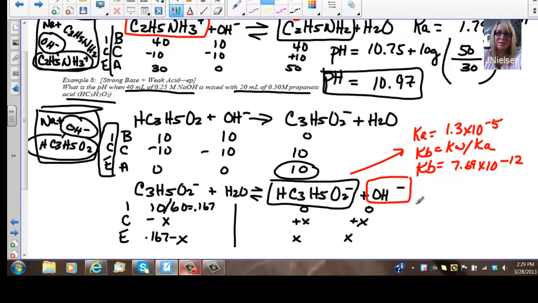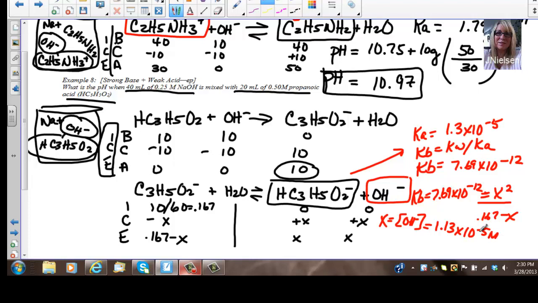So now we're back to our old method. We've got Kb equals 7.69 times 10 to the minus 12 equal to x squared over 0.167 minus x. In my solver, I'm going to get x, which is equal to my OH minus concentration, equal to 1.13 times 10 to the minus 5 molar.